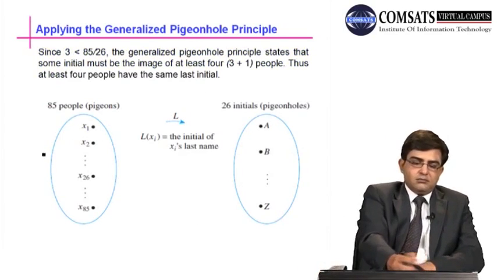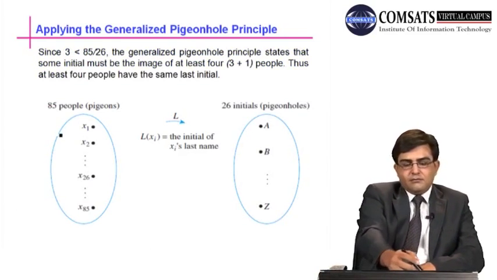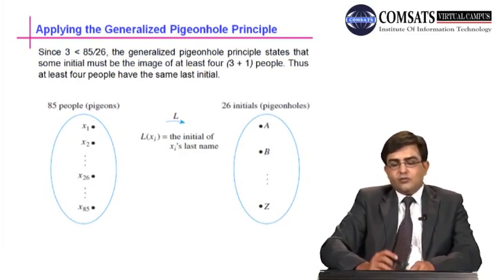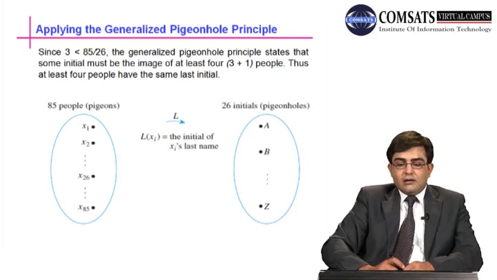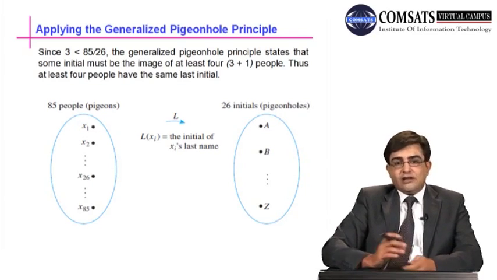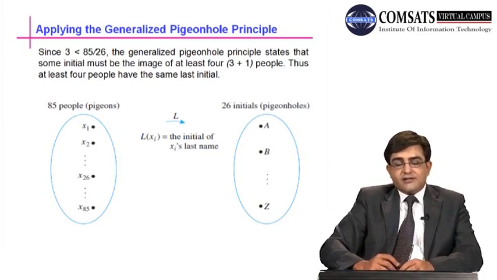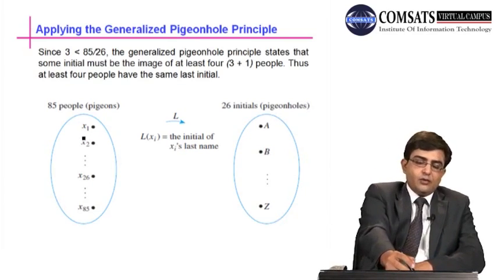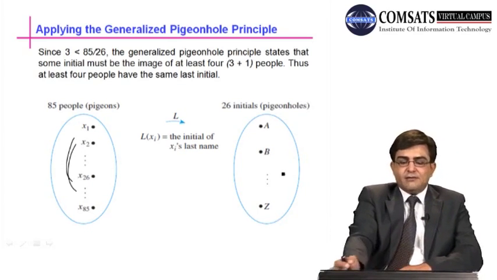Graphically, we can draw an arrow diagram, as we have constructed arrow diagrams in functions and relations, and we can obviously see that there must be at least 4 elements here which have the same image.